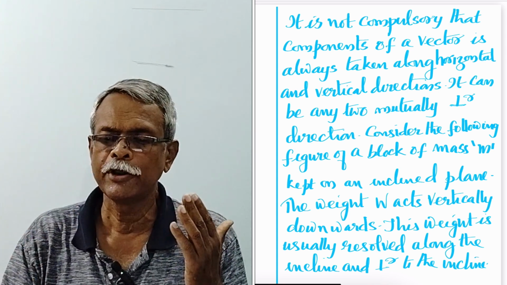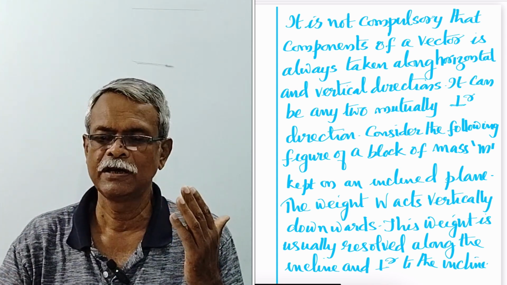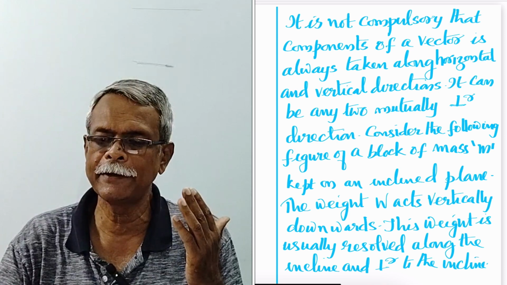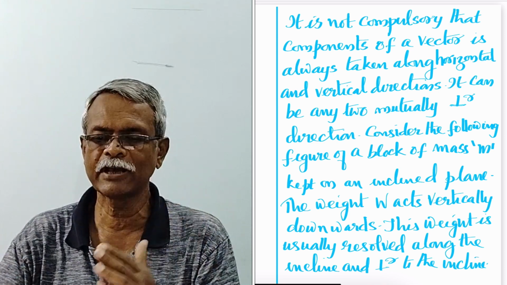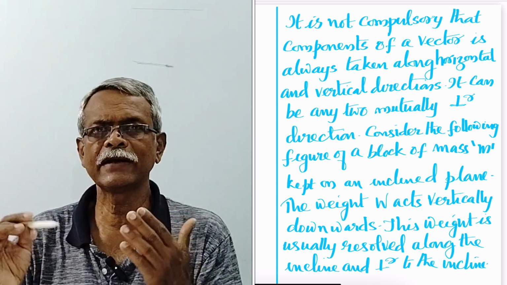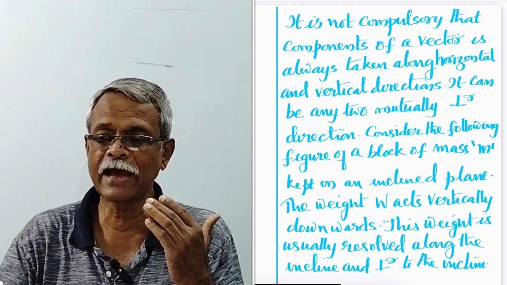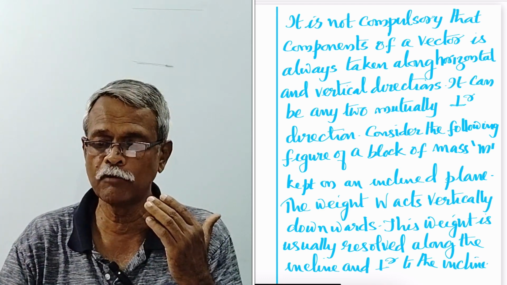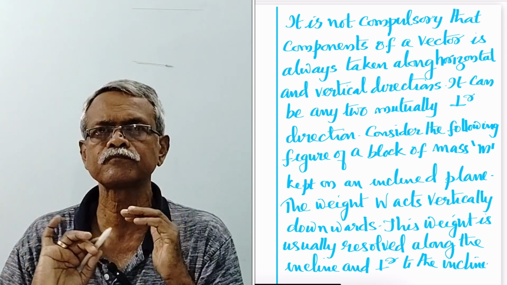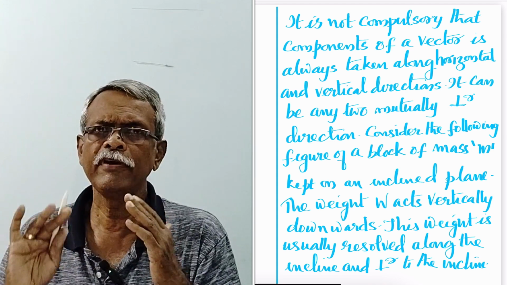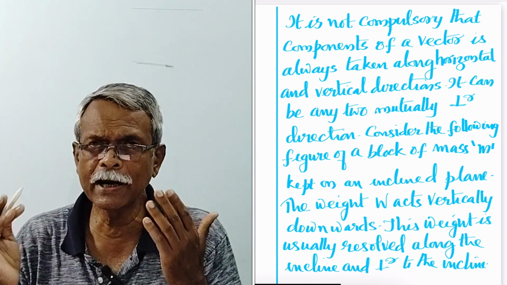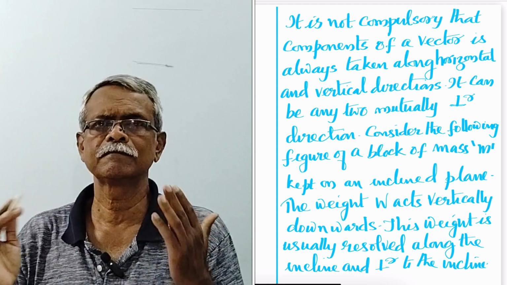For example, you consider an object which is placed on an inclined plane like this. It has a mass m and it has a weight mg which is acting vertically downward. Gravity always acts vertically downwards. Now, we want the components of the vector.